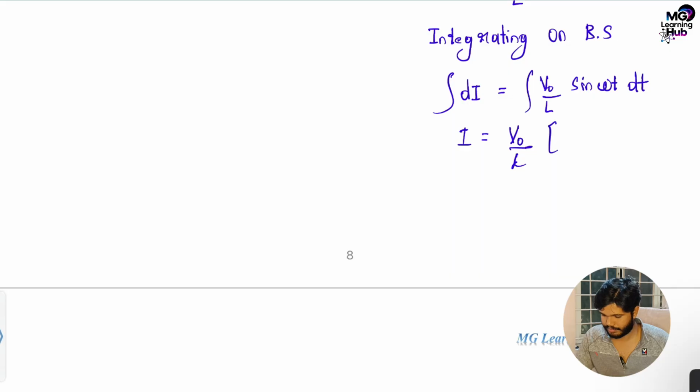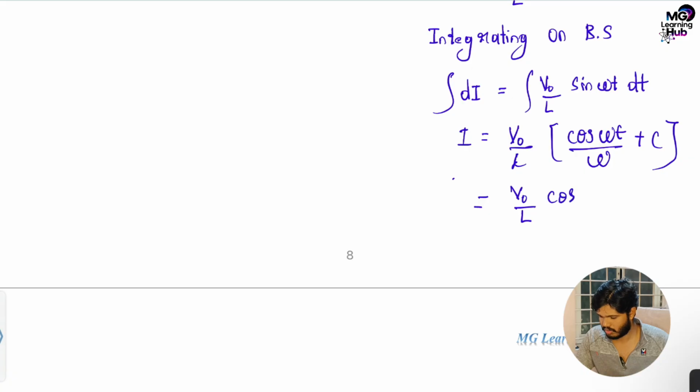What is the integration of sin omega t? That will be cos omega t whole divided by omega, plus c. So this will be V naught by L cos omega t by omega and constant c.